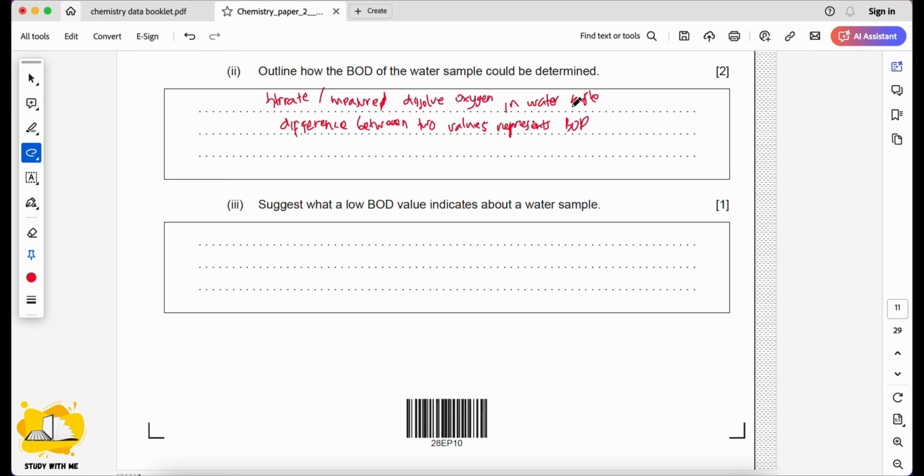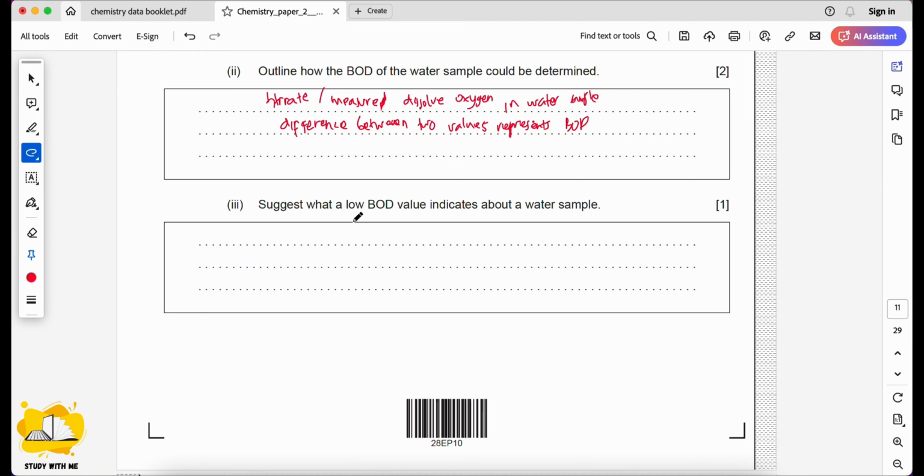Then it is stored for 5 days to allow microorganisms in the sample to consume organic matter. Then dissolved oxygen is measured again. So you will have the first dissolved oxygen and then the second dissolved oxygen. The difference between the first and the second will represent BOD, because it means the amount that is consumed by the microorganisms.